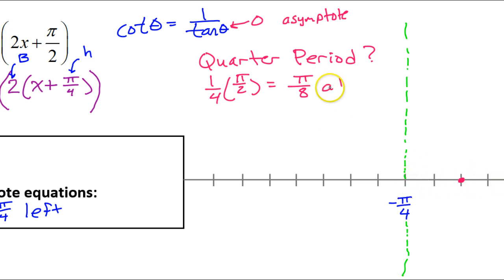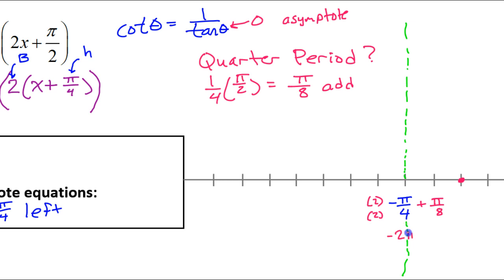So that's why I'm going to add pi over 8 over and over again. So I want to take negative pi over 4 and add pi over 8. But to do that, I really need like denominators. So I would like to multiply these by 2.